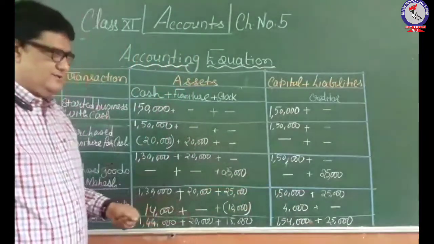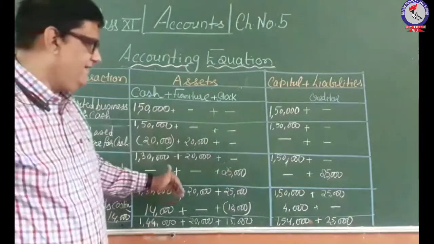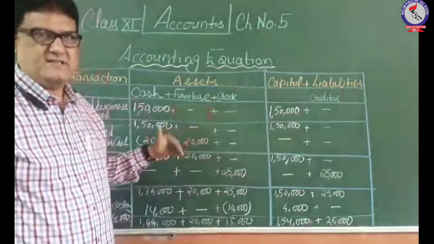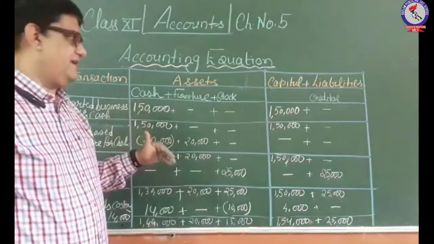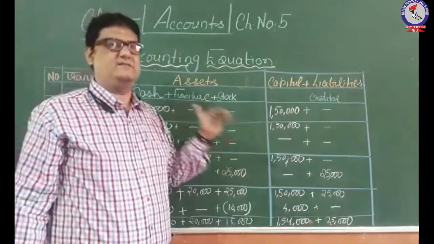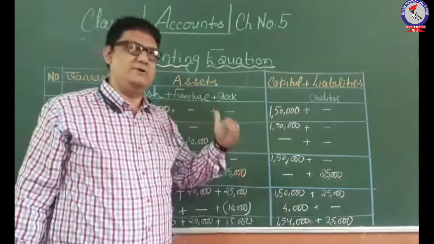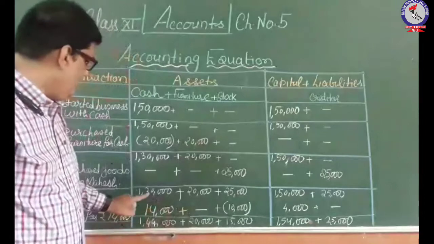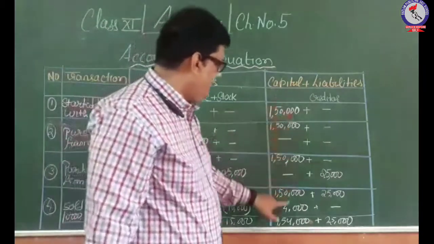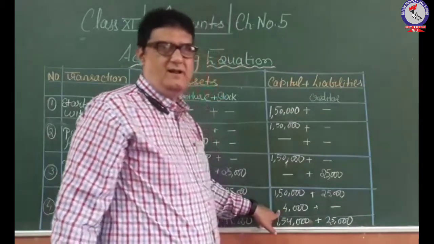Okay. So this shows the three-fold effect. What we have discussed in the previous session, that some transactions are showing the effect on 2 items and some will show effect on more than 2 items. So here 1 item was cash, 1 item was stock, and the third item was capital.